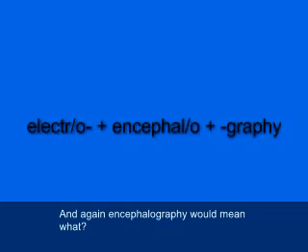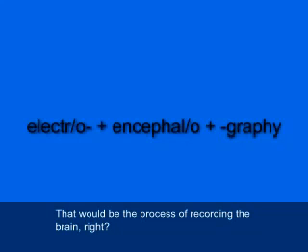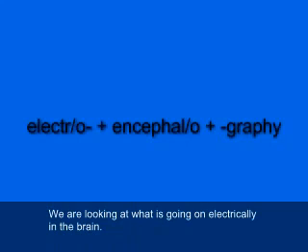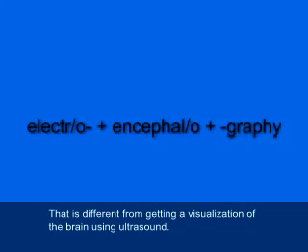And again, encephalography would be the process of recording the brain, right? So in this case, an electroencephalography is the process of recording the electrical activity of the brain. We're looking at what's going on electrically in the brain. That's different than getting a visualization of the brain using ultrasound. So watch out for those prefixes.